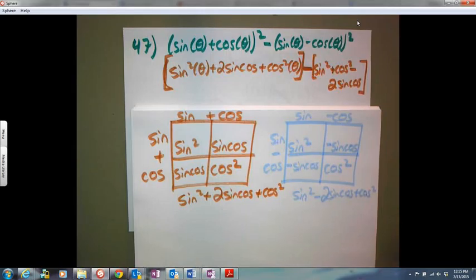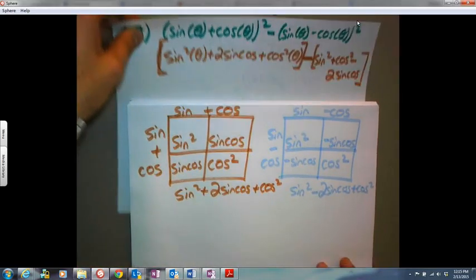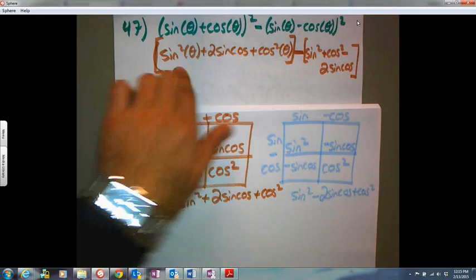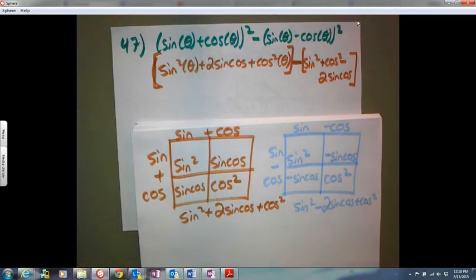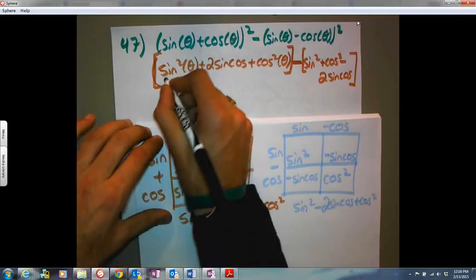Any questions with regards to the box? Okay, seeing none, let me continue the problem. Picking up from here, I can now combine. Inside the brackets, let me simplify first. This plus this is just 1.